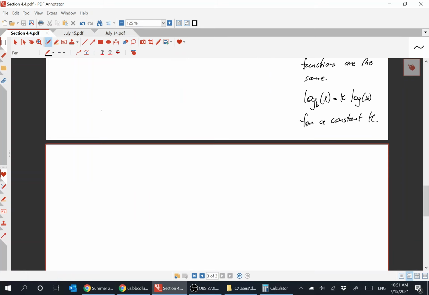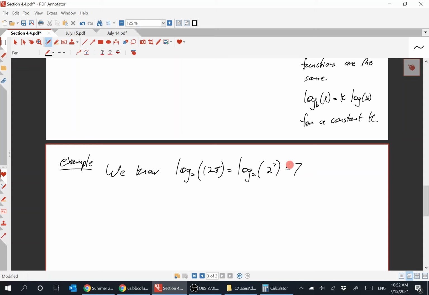All right, so now, for example, we know that the log base 2 of, what's our favorite power of 2 here, 128, right? Log base 2 of 128 is the log base 2 of 2 to the 7th, so it's just 7.